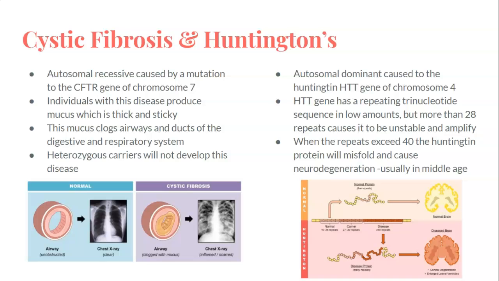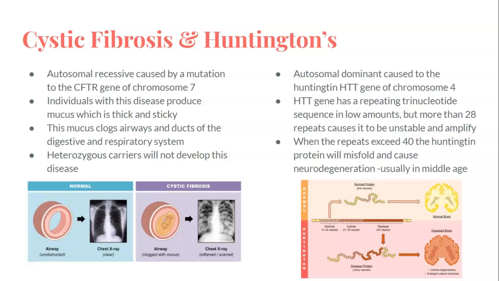So we're going to talk about 2 disorders really quickly. Cystic fibrosis is on the left. It is an autosomal recessive disorder. It's caused by a mutation on chromosome 7, and if you have this disorder, it produces a really thick and sticky mucus which clogs your airways and ducts of the digestive and respiratory system.